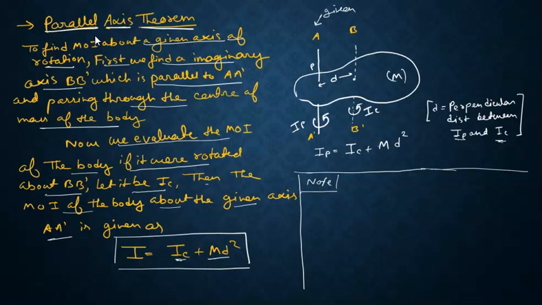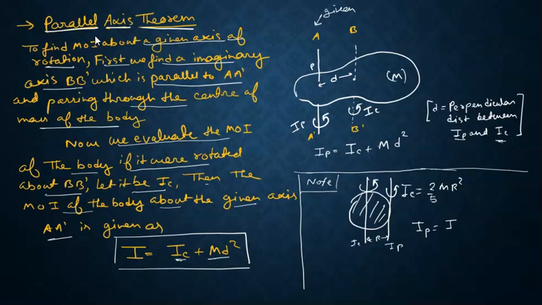So basically, suppose that we have a sphere. We know that in the case of a solid sphere, the moment of inertia about its center is 2 by 5 mr square. Now, if we are asked to find the moment of inertia about this axis, which is r distance apart from the center, let's say this is IP.